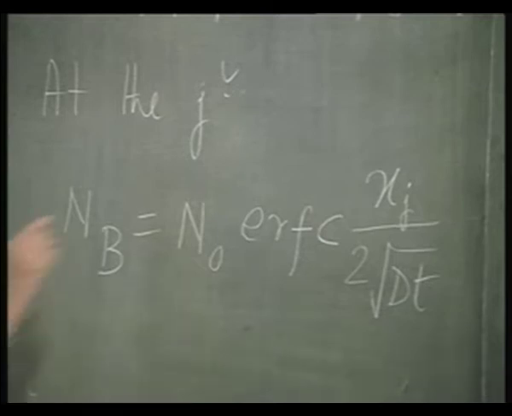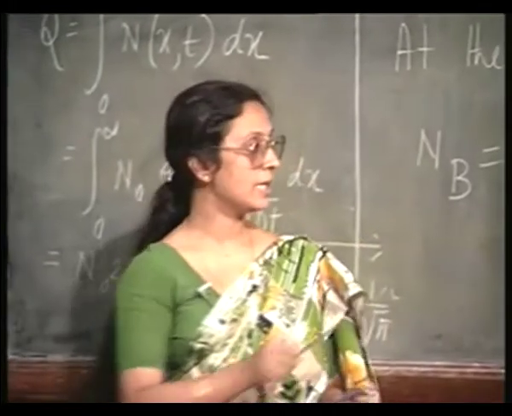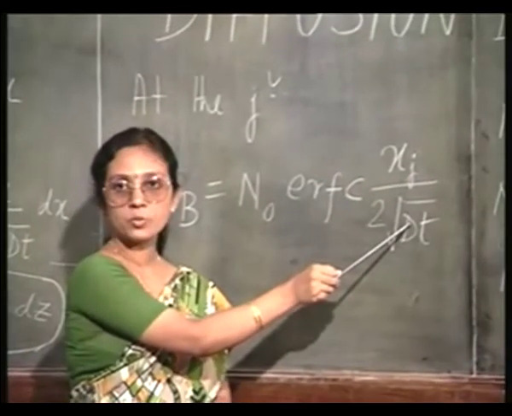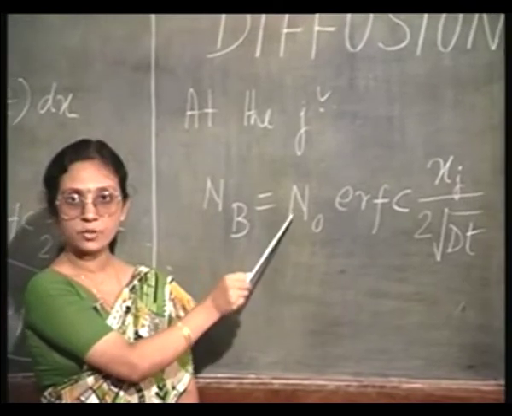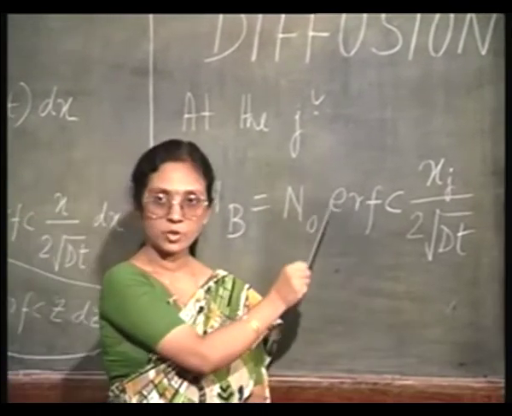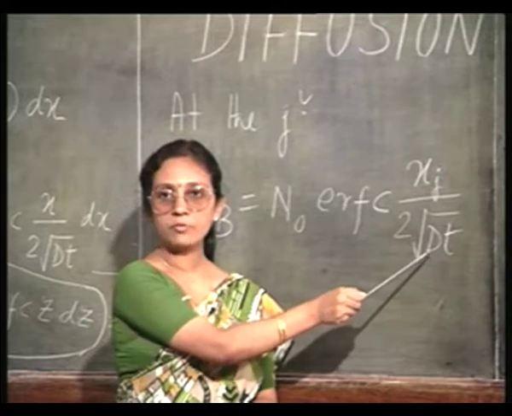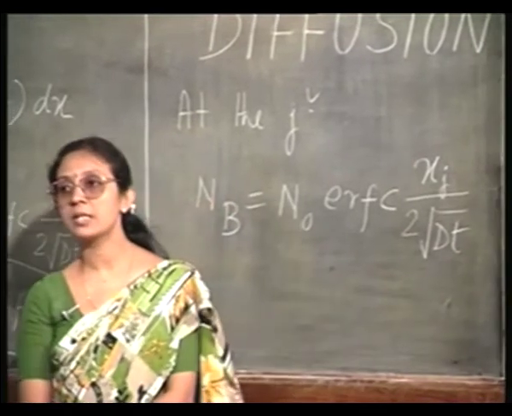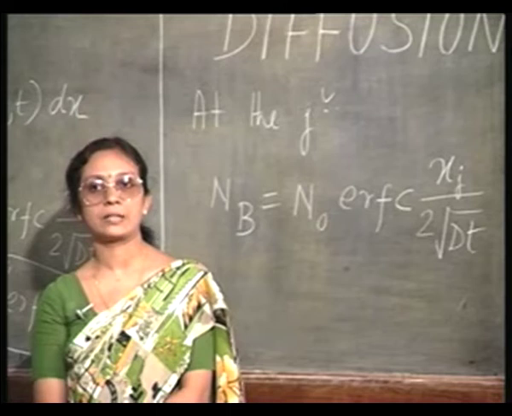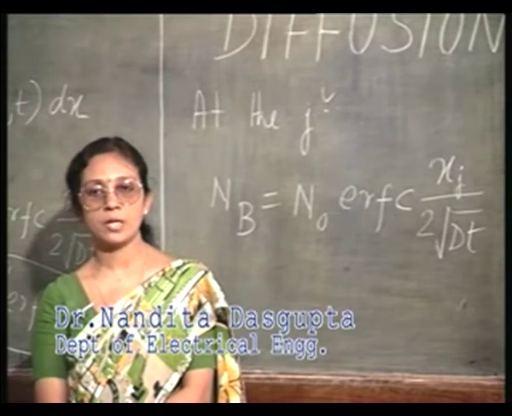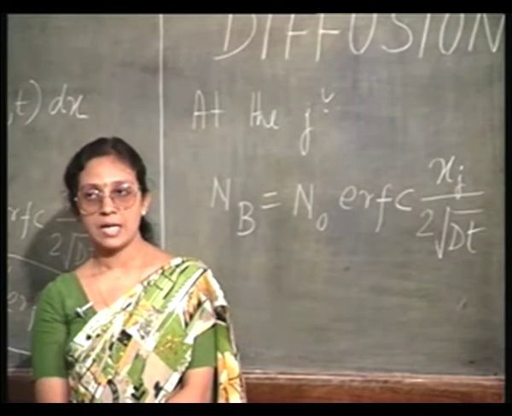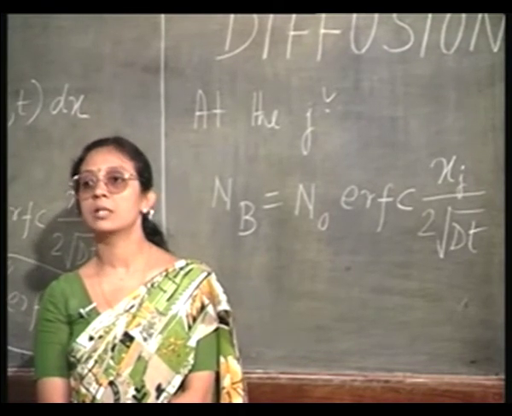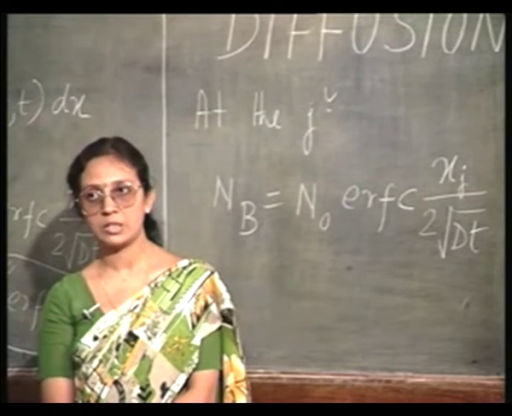So, solving this, you can find out what the junction depth is going to be, and again notice that junction depth is going to be some factor dependent on NB and N0, and then square root of Dt. So, square root of Dt is a very important factor, do not forget square root of Dt. Square root of Dt has the units of length, and your junction depth is going to be directly proportional to this square root of Dt.